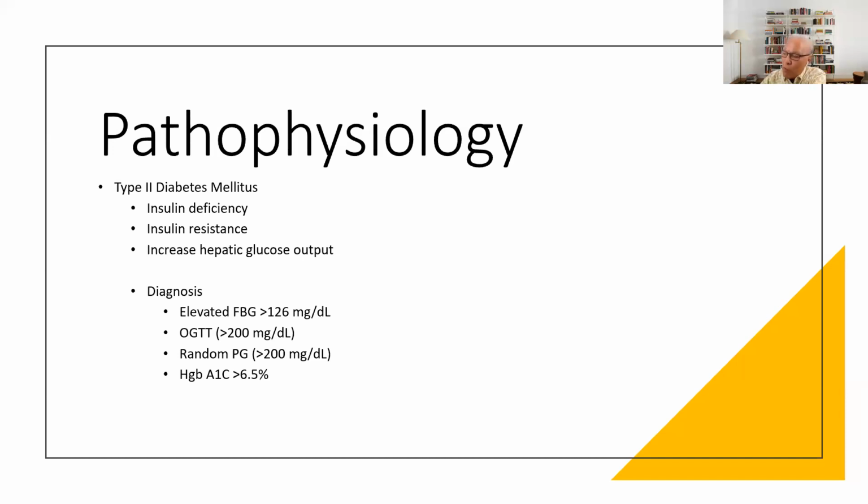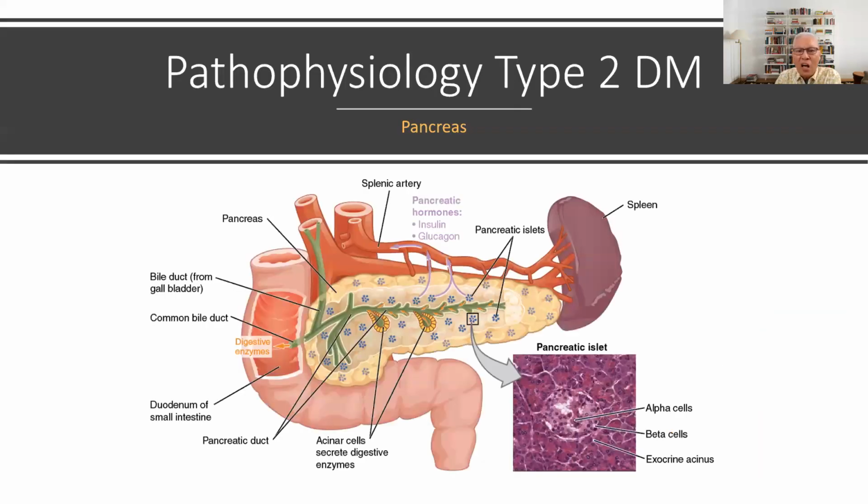So what I want you to remember is this elevated fasting blood glucose of 126 and a hemoglobin A1C of 6.5. Those are the important parameters for the diagnosis of diabetes.